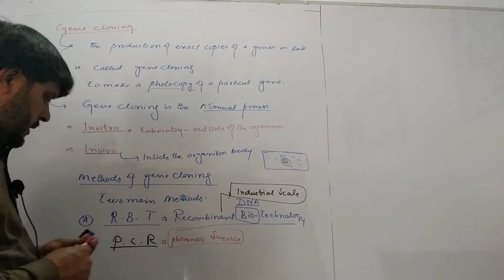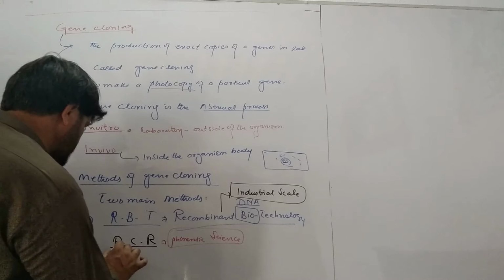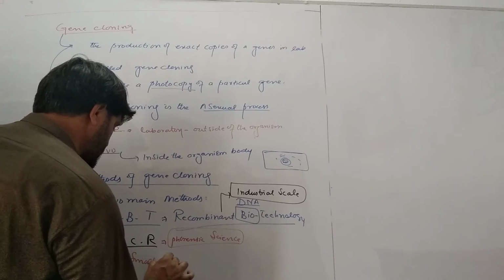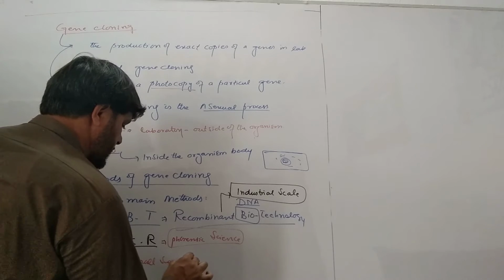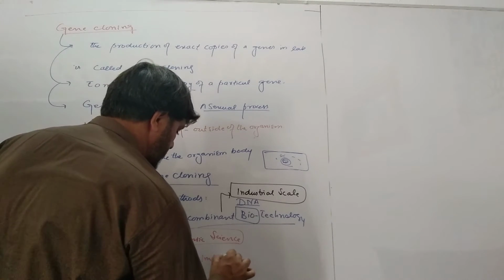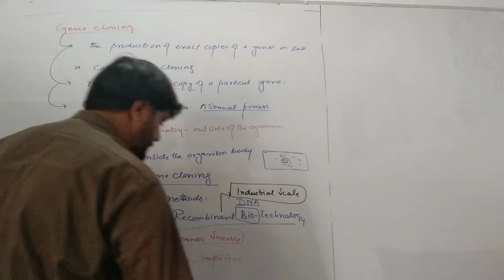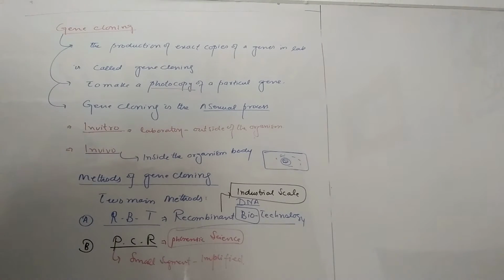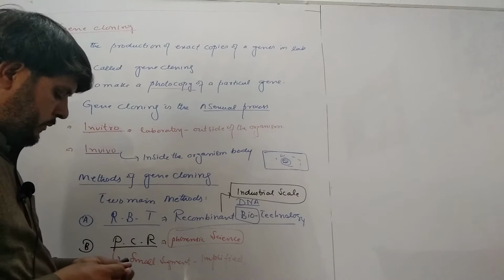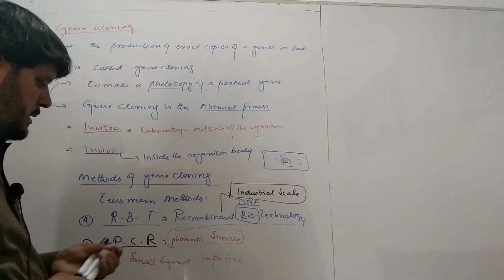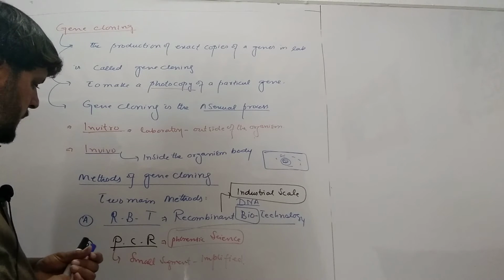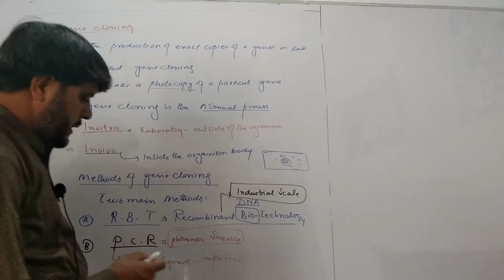In this PCR method, a small segment of a DNA is amplified. In this method, a small segment of DNA is amplified and then can be studied for the desired quantities or targets.